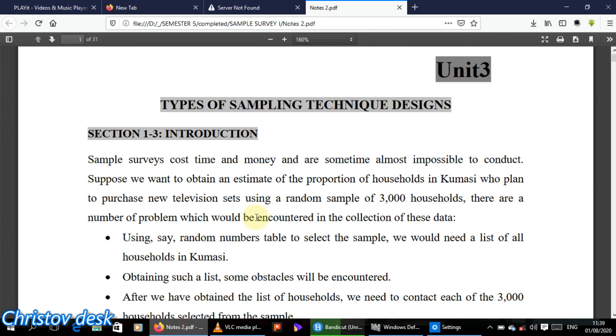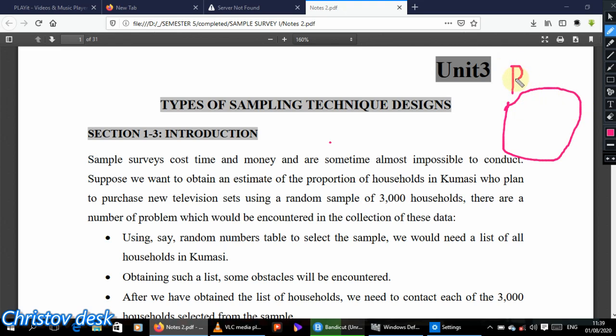Remember we said that for random sampling, if this is your population, every element in the population has some known probability of being part of the sample.